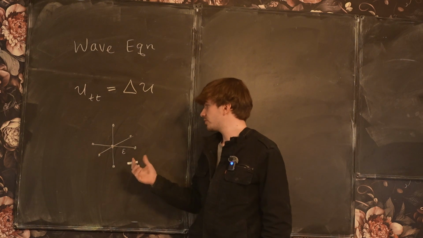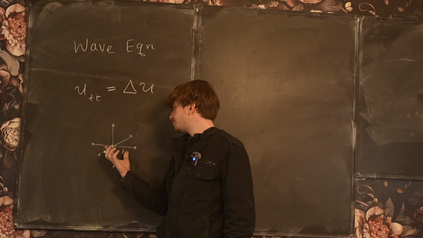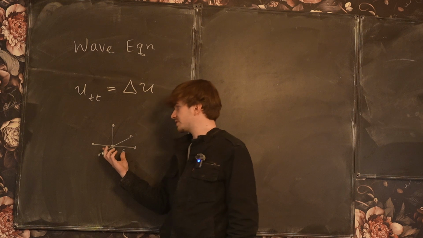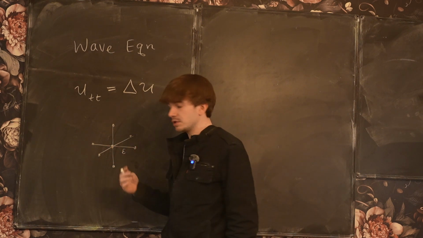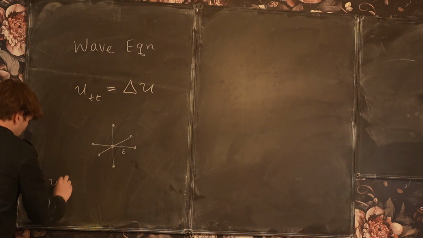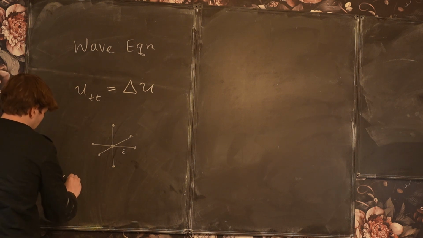Okay, so we know that for example, the discretization of the second derivative in one dimension is given by u, and then we're going to isolate a coordinate.